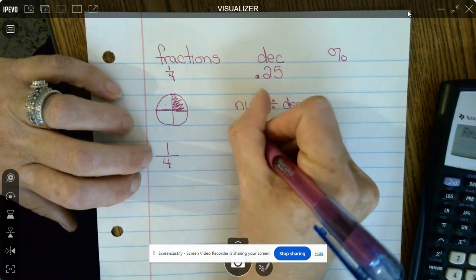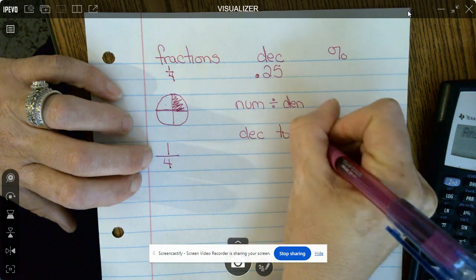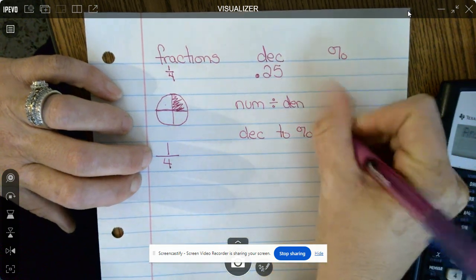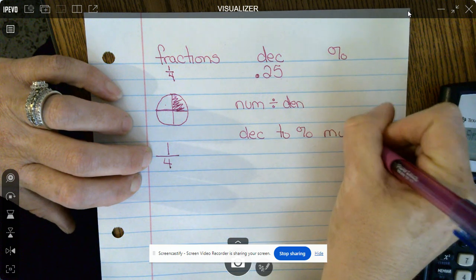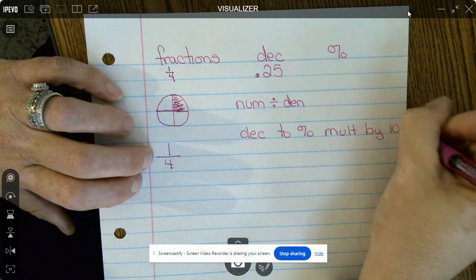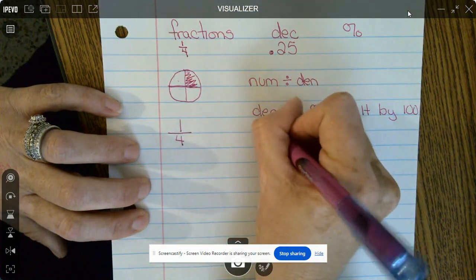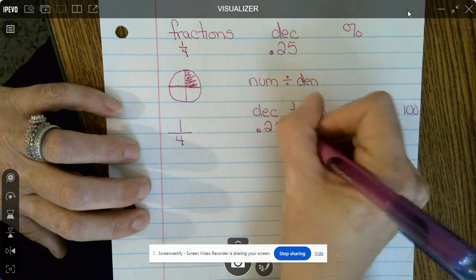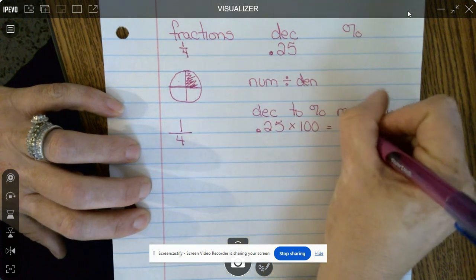So decimal to percent, you multiply by 100. So if you had 0.25, we multiply it by 100, you would get 25%.